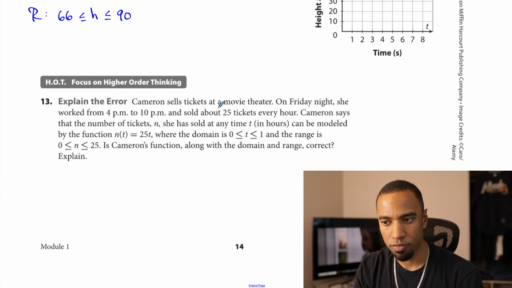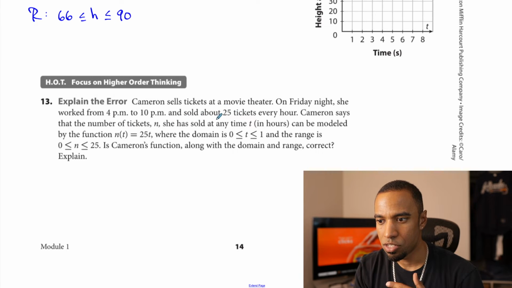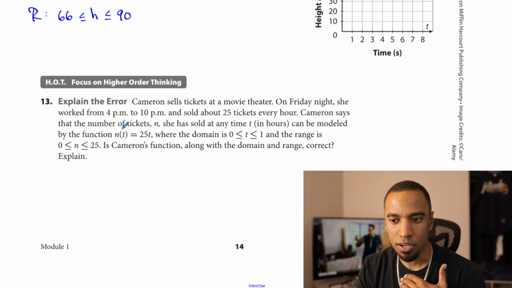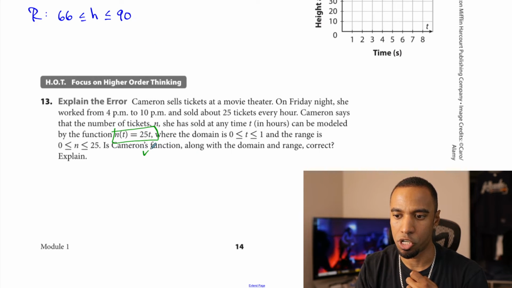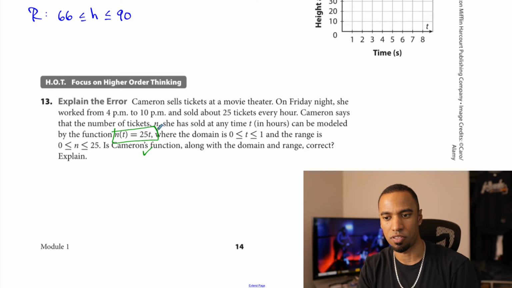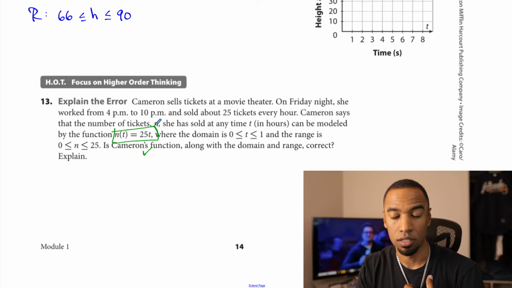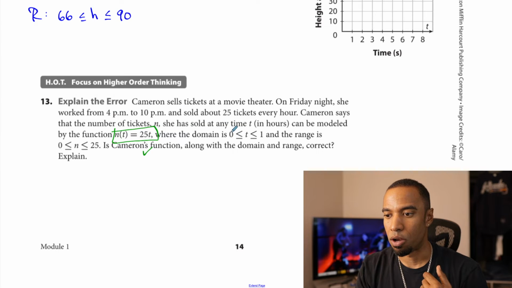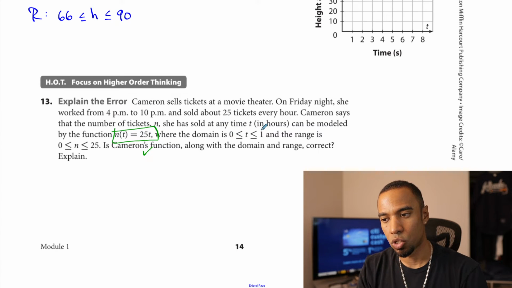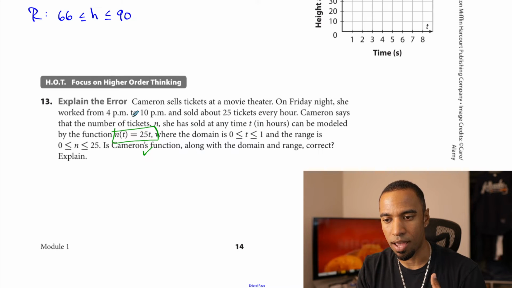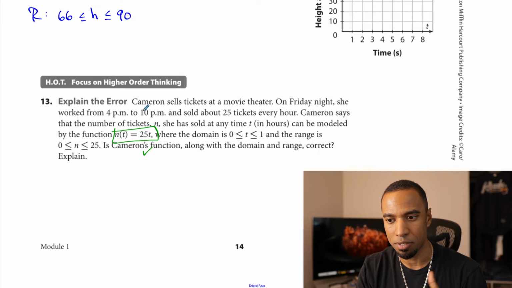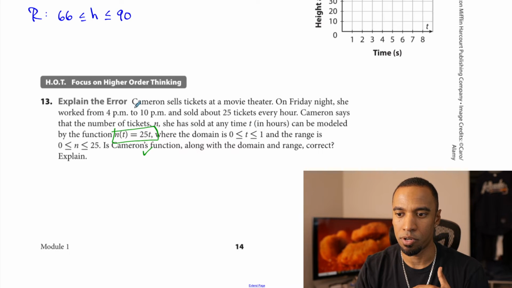So she sells 25 tickets every hour, and if n is the number of tickets she sells at any time, then the function seems to make sense. The function seems to hold up because after 1 hour, she would have sold 25 tickets. After 2 hours, 50 tickets, etc. That one looks pretty good. Now, the domain is 0 to 1. And I'd say the problem with that is if t represents the number of hours, she goes from 4 p.m. to 10 p.m. That's a 6-hour span.